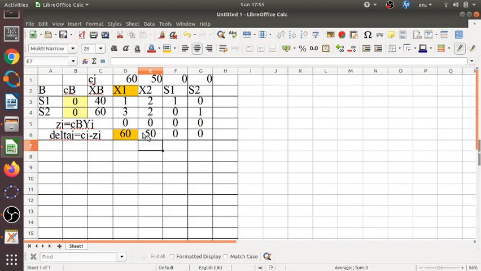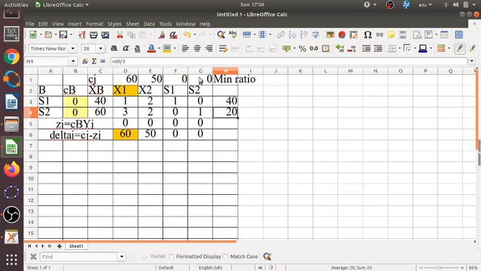So x1 is our incoming vector, and we calculate the minimum ratio. It's xb divided by the corresponding elements: 40 divided by 1, and the next one is 60 divided by 3, which is 20.